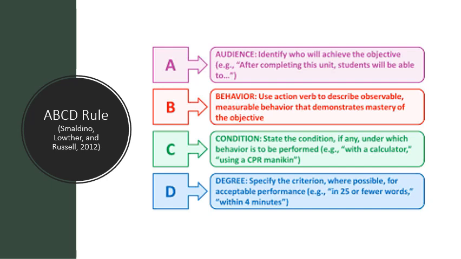It should describe the time frame. Okay, so I'll let you look at the screen for a while to memorize our ABCD rule. Okay, let's move on to the next slide.